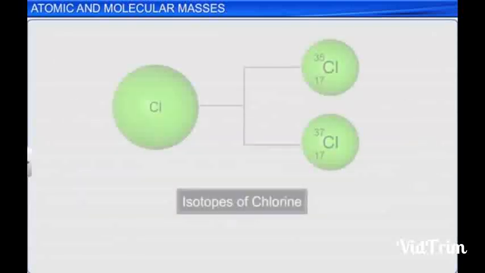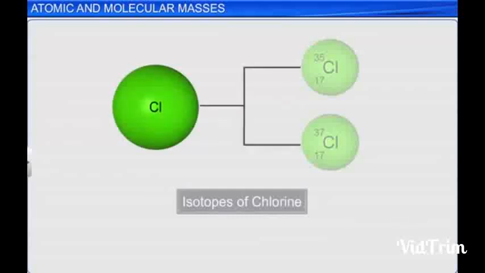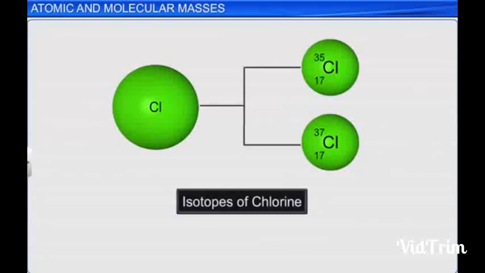We know that when atoms of the same element possess different atomic masses, they are known as isotopes. Hence, for isotopes, the average value of the atomic masses is considered as the atomic mass.